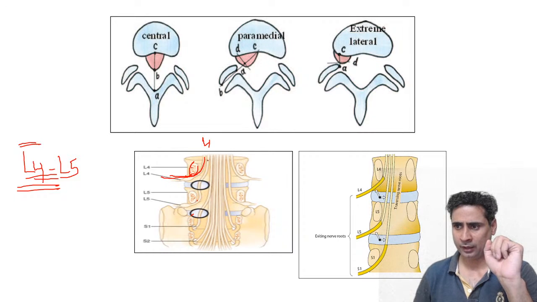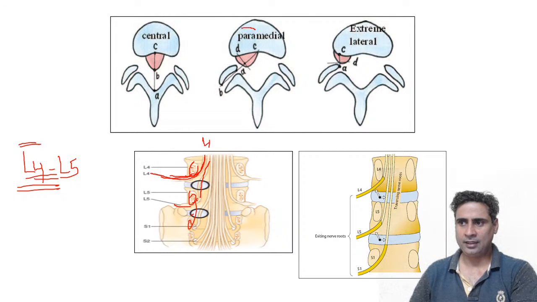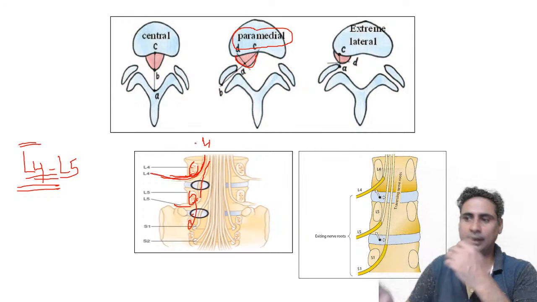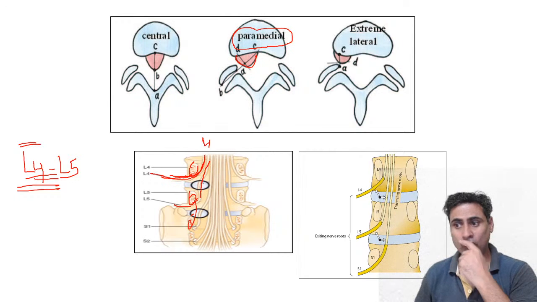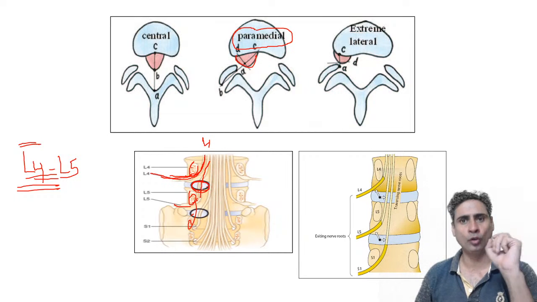So what will be happening? L5 will be coming and exiting at the L5-S1 level. So L5 will be the traversing nerve root, and L4 will be the exiting nerve root at the L4-L5 area. Now most of the time, disc prolapse is paramedian or paracentral, slightly lateral and posterior. So it will compress the traversing nerve root most commonly.